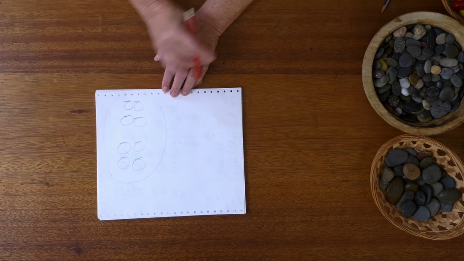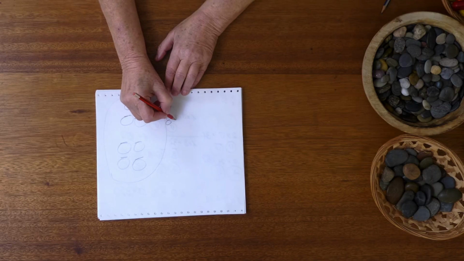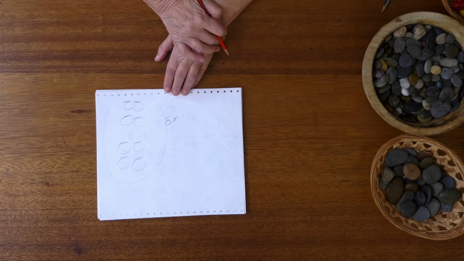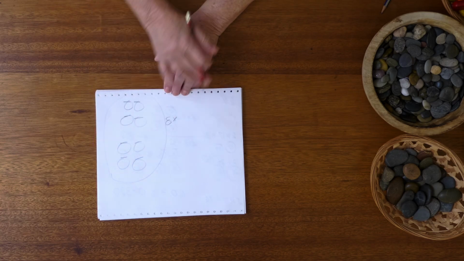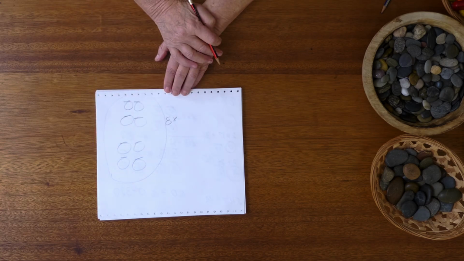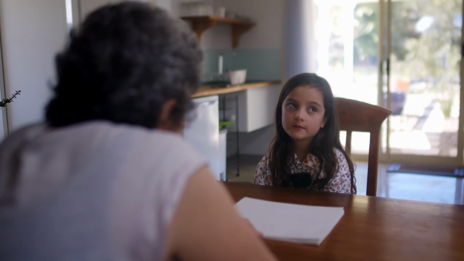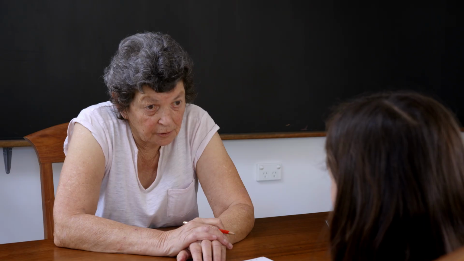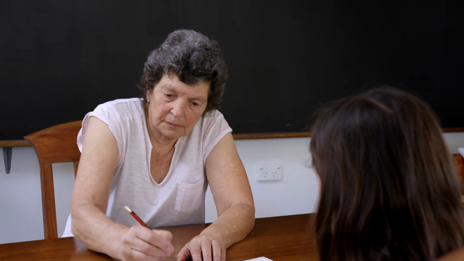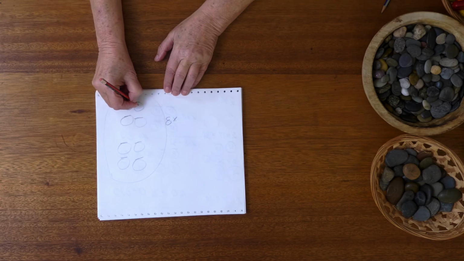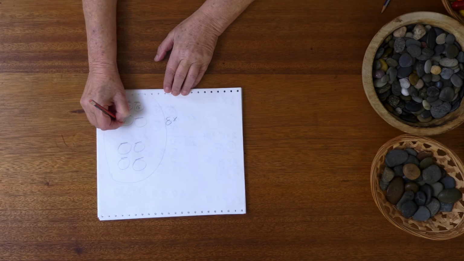Oh. 8 lots. I've got 8 lots. And we write it like this, 8 lots. Yeah? What do you want me to put in each of the bags? 8 lots of what? 16. 8 lots of 16.